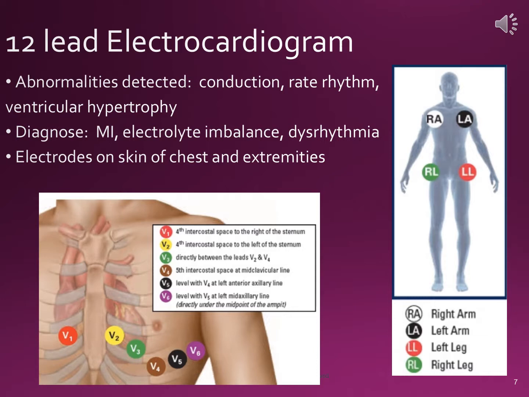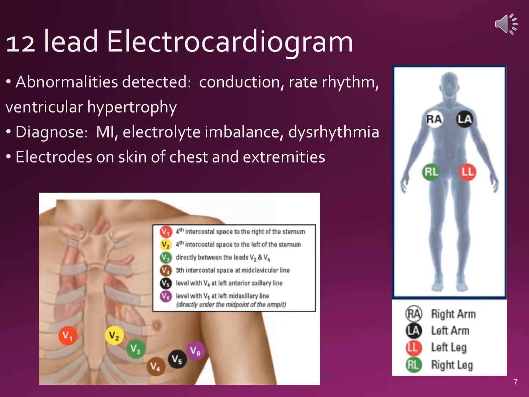So a 12 lead is called a 12 lead because there are 12 places that you put electrodes, and then you measure the conduction from those different points. You have a right arm, right leg, left arm, left leg, and then there are chest leads as well.